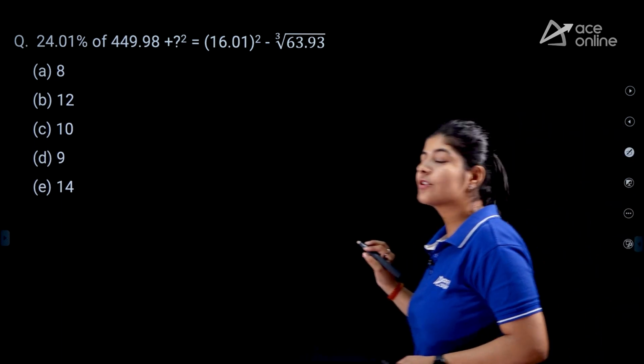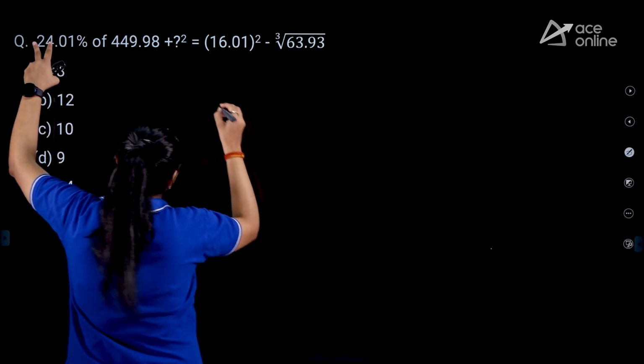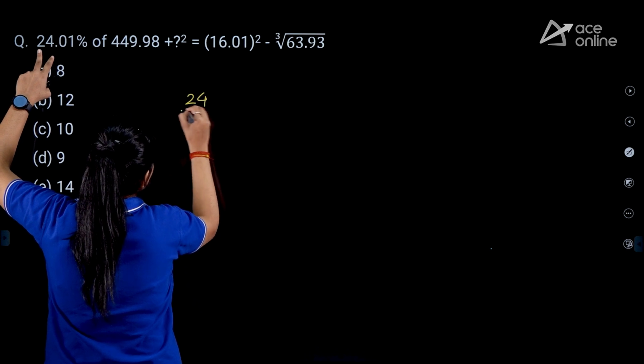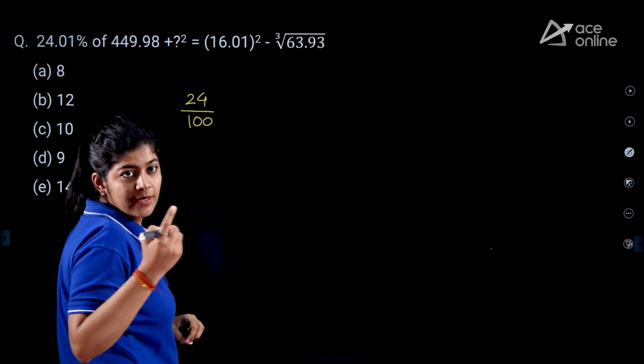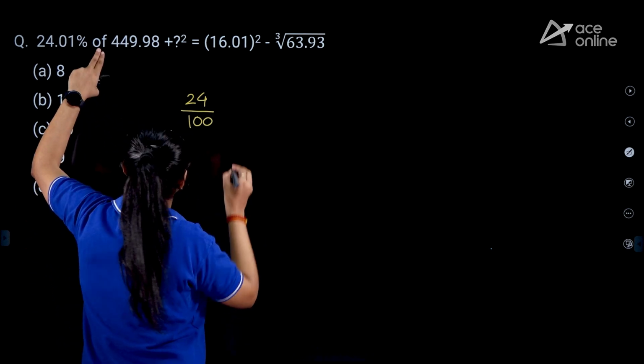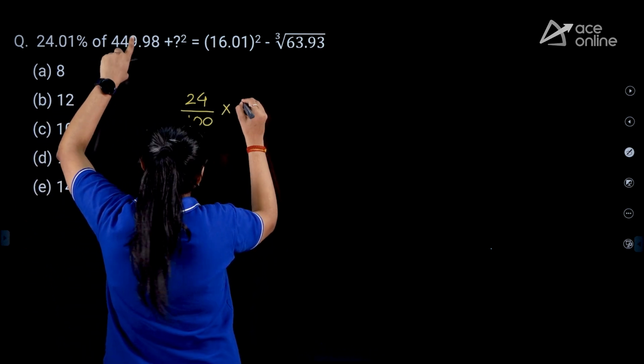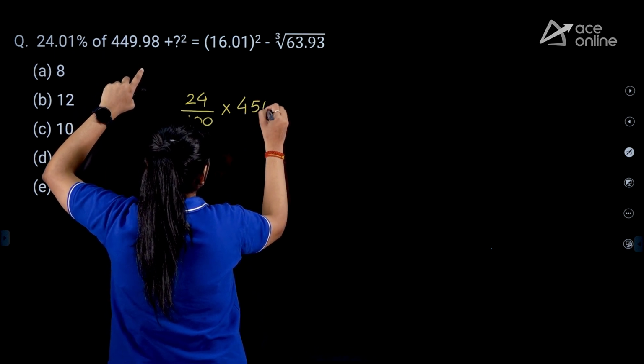Now, let's start solving it. So, I can write this as 24%. I'm just directly removing the percentage sign over here, dividing it by 100, of, that means multiplication. I can write it as 450, right?